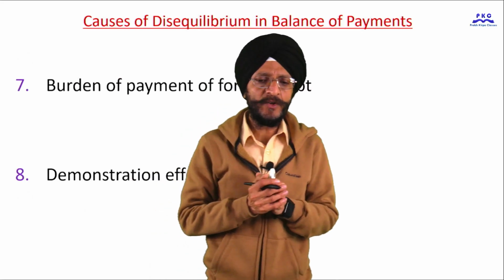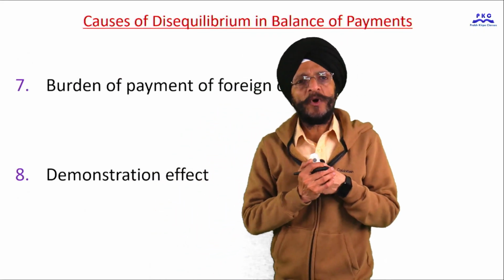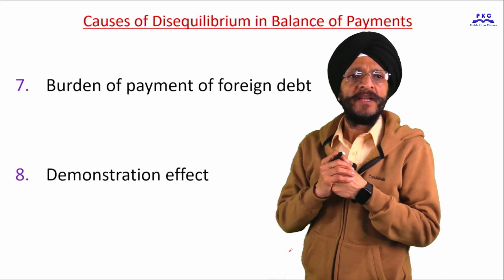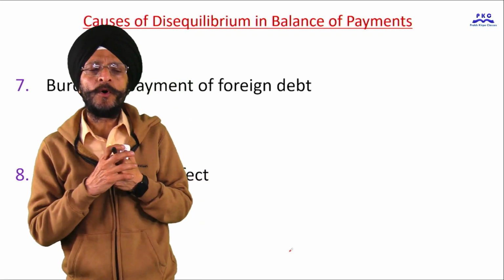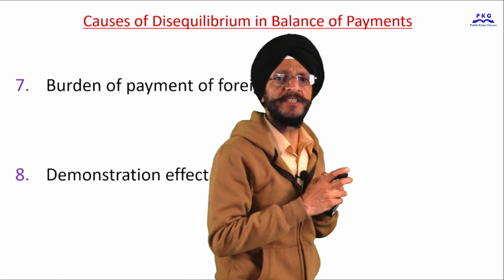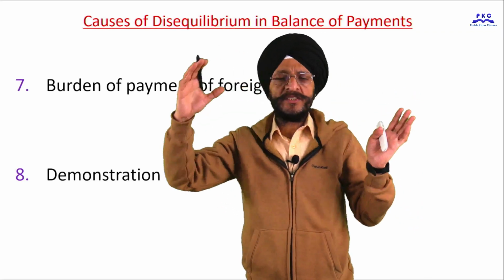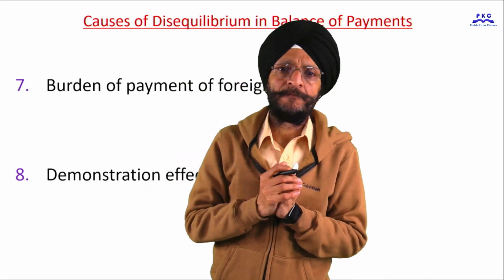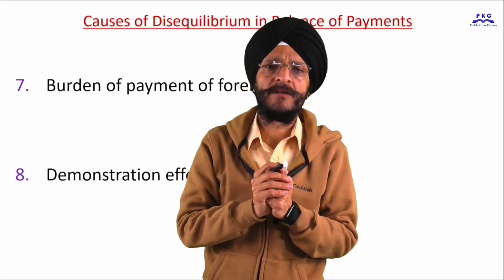Next point is burden of payment of foreign debt. It is quite possible that any country has taken a loan from the rest of the world or other countries, and it may have to make large payment of debt at any particular point in a year.